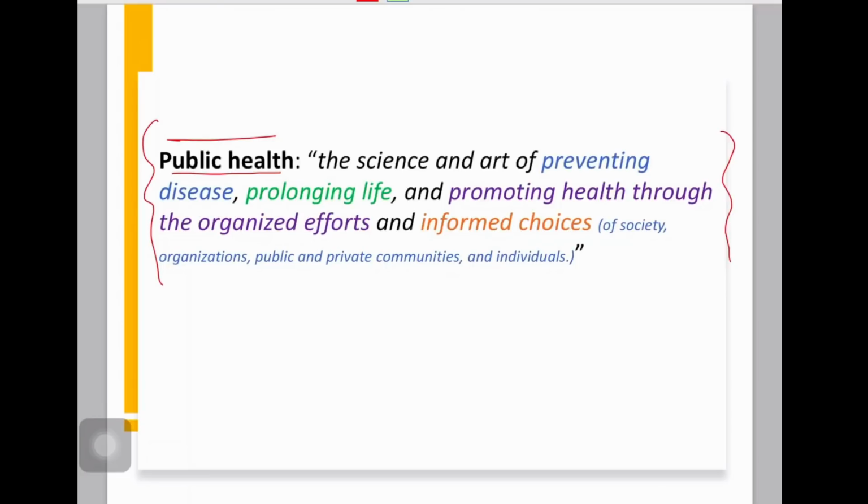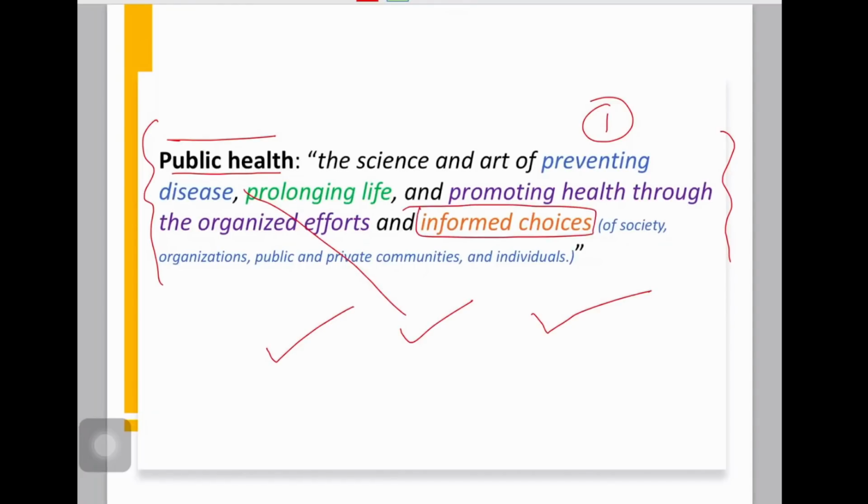The same applies to public health. Part one: the science and art of preventing disease. Why? To prolong life and to promote health through organized effort. How? Through informed choices.